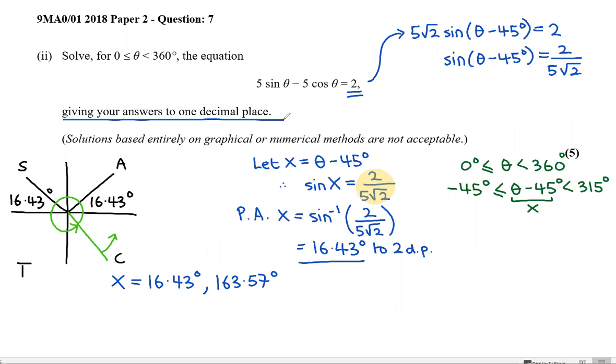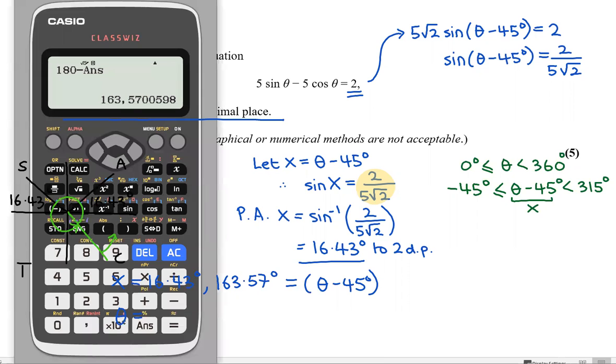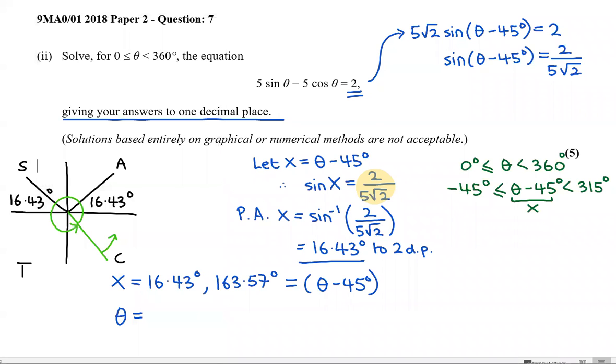I need to get theta, okay? Remember that X is theta subtract 45. So I need to add 45 to both of these solutions, okay? And then I'm going to round to 1 decimal place. So this is equal to theta subtract 45 degrees, okay? So my theta is going to be, so if I add 45 to both these angles, so plus 45, so that's going to be 208.6 for the second one.